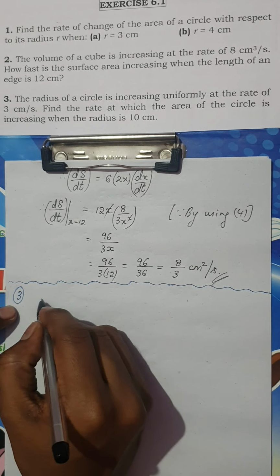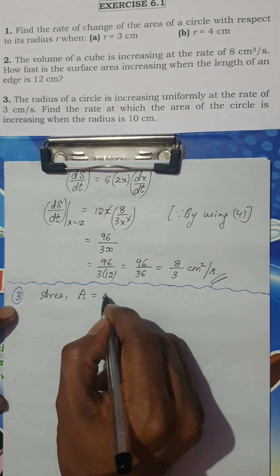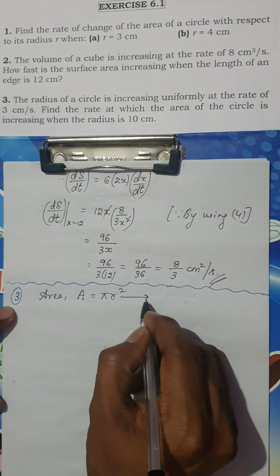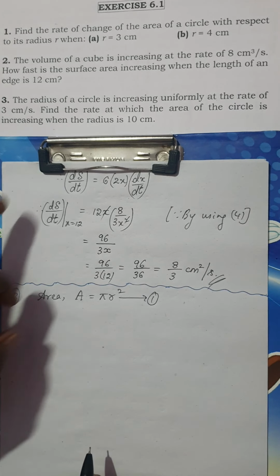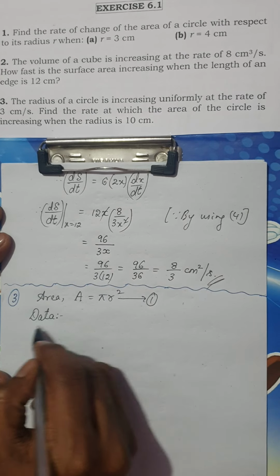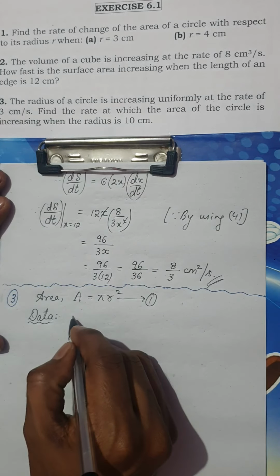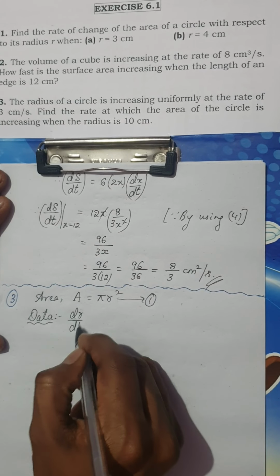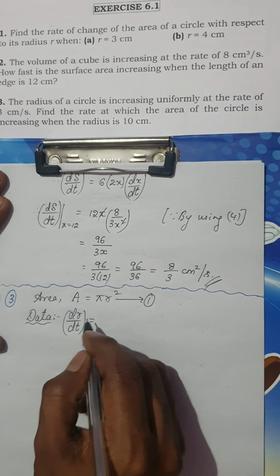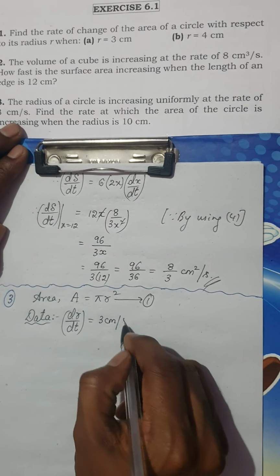So we know area A is given by pi r square. This is my equation 1. And what is the data given? Remember, the data given is the radius of the circle is increasing. That means he has given you dr by dt. So dr by dt is given as 3 centimeter per second.